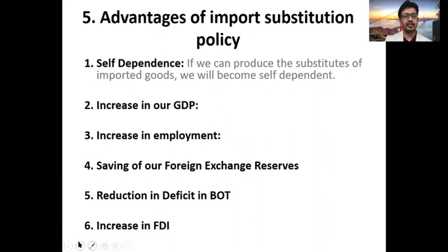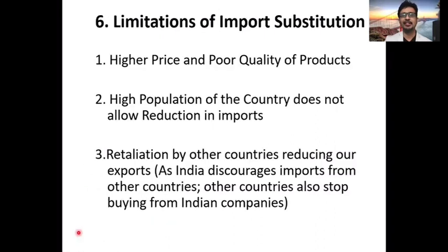And finally, let us have a look at the limitations or the disadvantages of this policy. The very first limitation is higher price and poor quality of the products. Now, when the Indian producers tried to produce the substitutes of the imported goods, they were not able to produce very good quality.